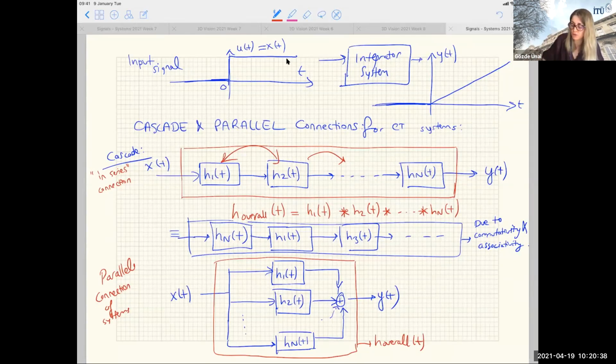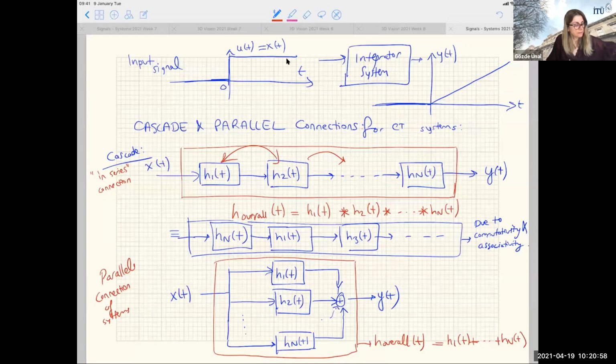It's the addition of all these impulse responses, same as in discrete time systems. This is something you already know.